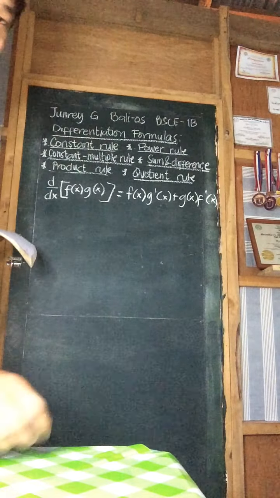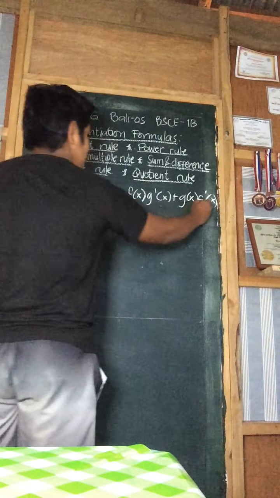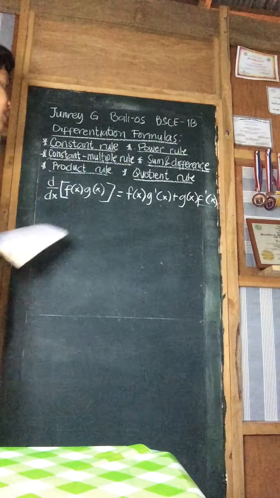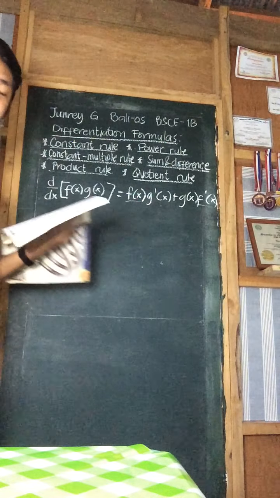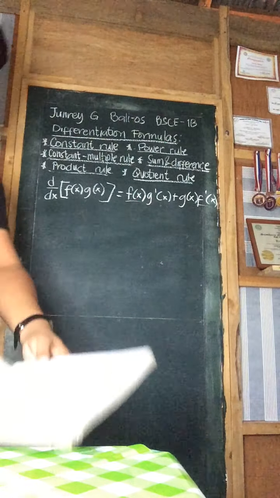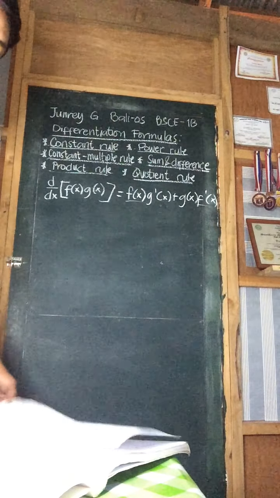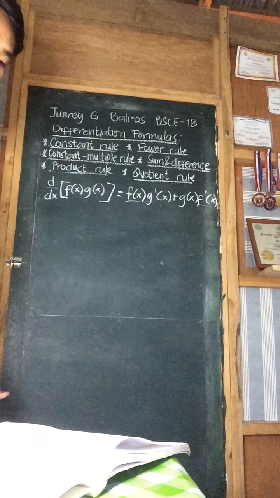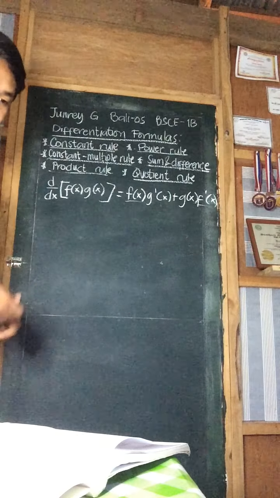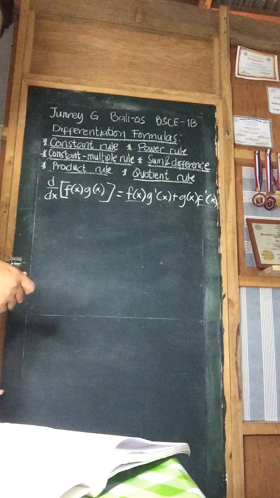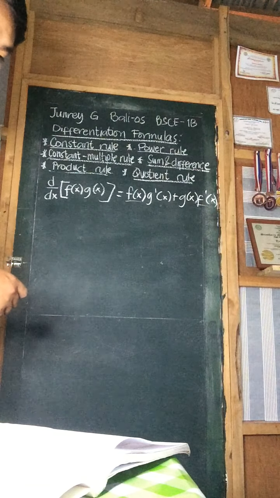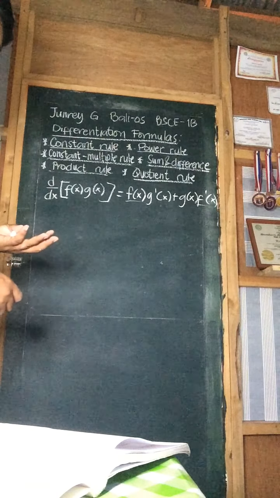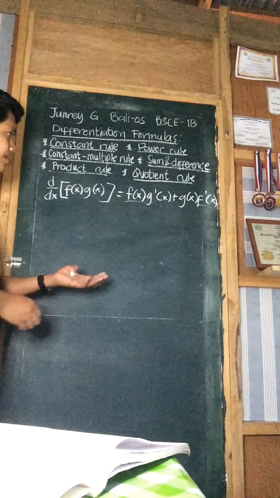This f prime here is what we call the derivative of the f of x function. There is an easy way to remember this rule. Just substitute it.